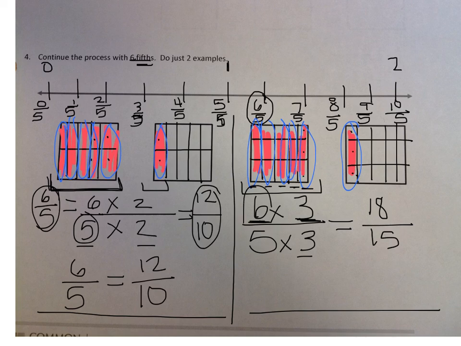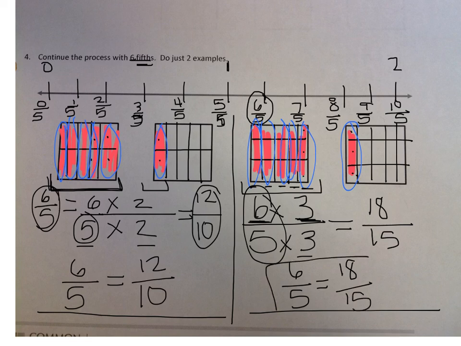So if we look at our original fraction, which was 6/5, we find out that when we segment it into 3 additional pieces, we actually end up with an equivalent fraction of 18/15. So 6/5 is equivalent to 18/15.